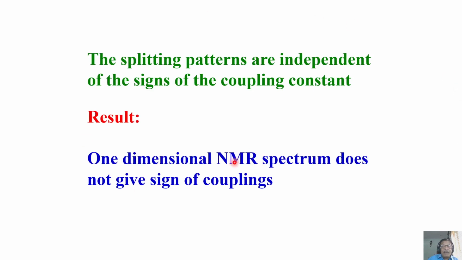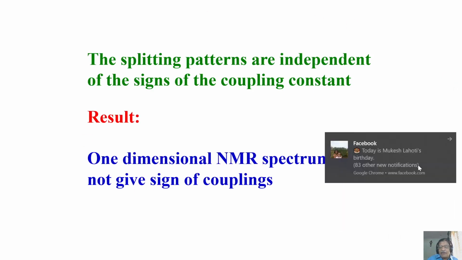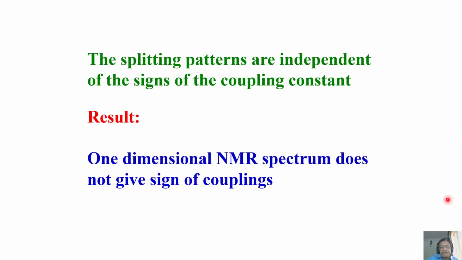So the splitting pattern is independent of the sign of the couplings. Please remember that, so a one-dimensional spectrum will not give you information on the sign of the couplings.